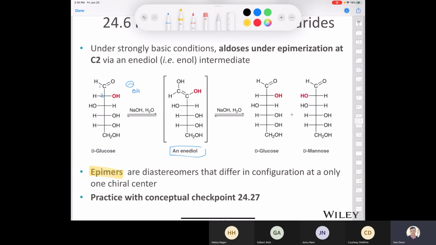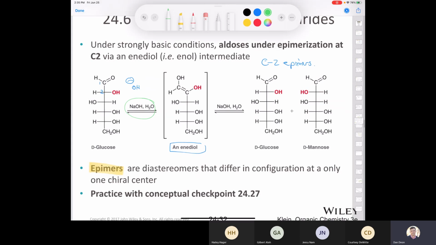So we would call them C2 epimers is the way I would describe it. They're carbon 2 epimers, right? They just differ at that one stereocenter. So it's kind of interesting. This is why carbohydrate chemists usually will try to avoid using strong bases under all circumstances, because you end up with these kinds of epimerizations, which are really painful.